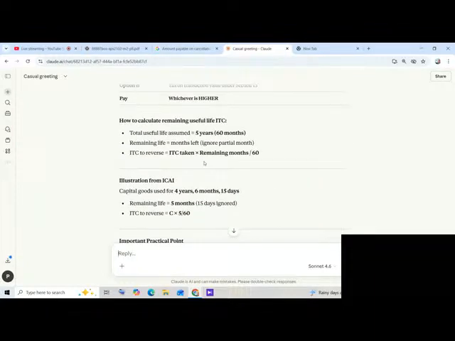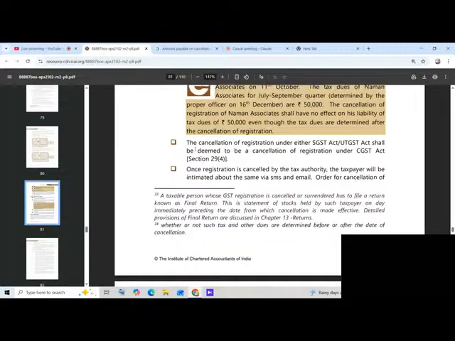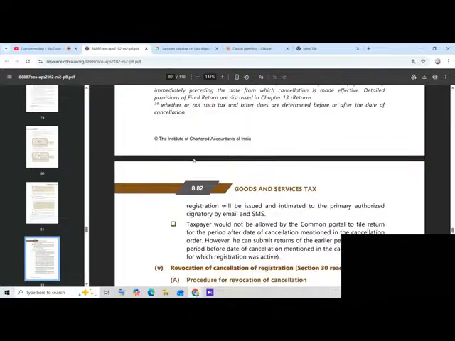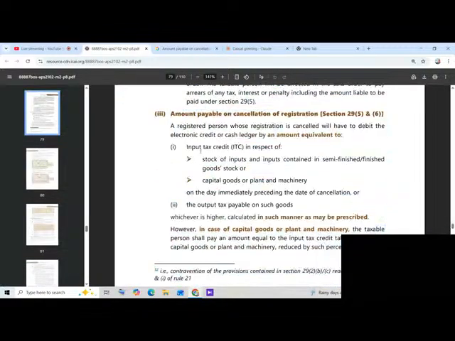So let's read it from the study material. Amount payable on cancellation, sections 29.5 and 29.6.